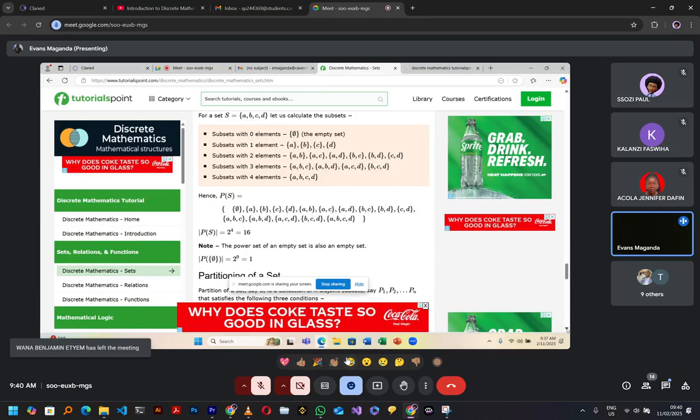Now, how many elements? What is the cardinality of power S? Is 15, right?